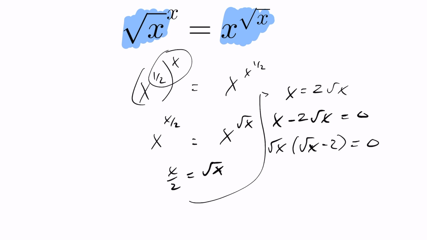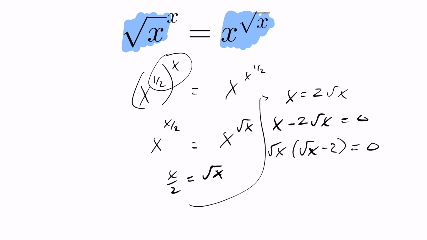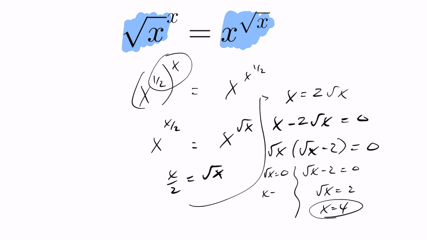And then I can go ahead and solve this. So solving for this, you have two options. Either the root of x is 0 or the root of x minus 2 is 0. This one will imply the root of x is 2, in which case you get x is 4. This implies x is 0.